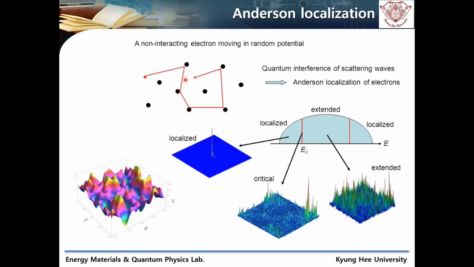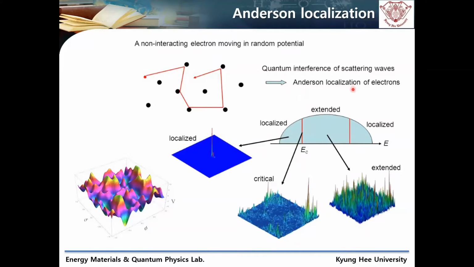But in quantum mechanics, an electron is not a particle but a wave. Therefore, the quantum interference of scattering waves can make Anderson localization, charge localization like this. This strong charge localization by random potential, we call Anderson localization.